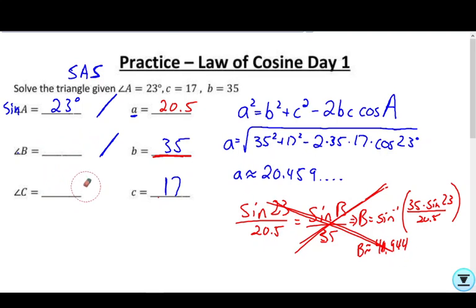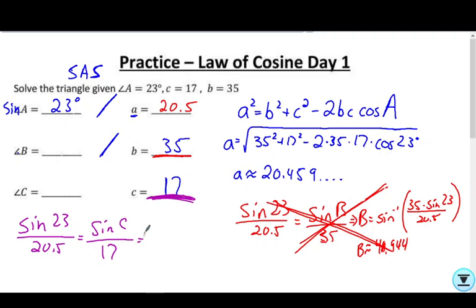So I have to start with angle C first. When you switch, you actually have to start with the smallest one first. So sine of 23 over 20.5 equals the sine of C over 17. And we're going to do the same thing.